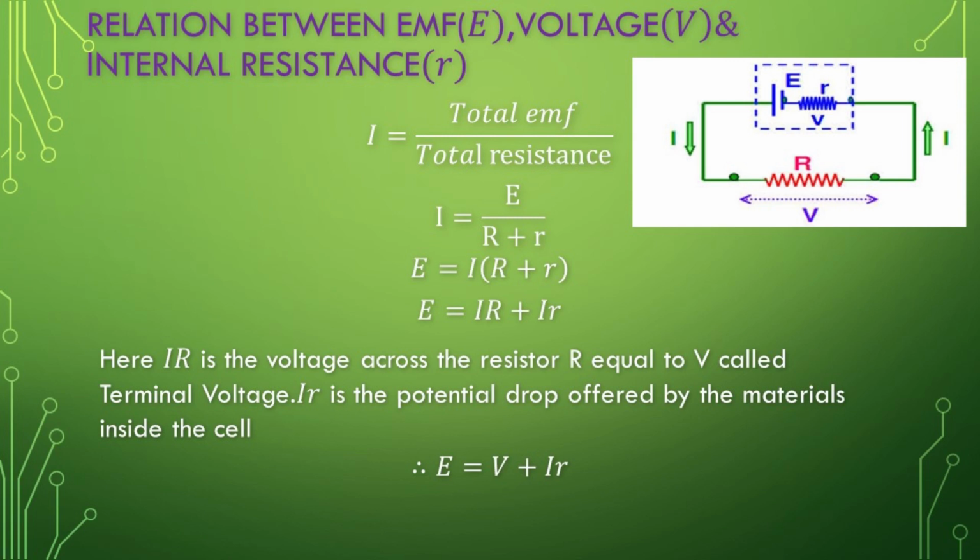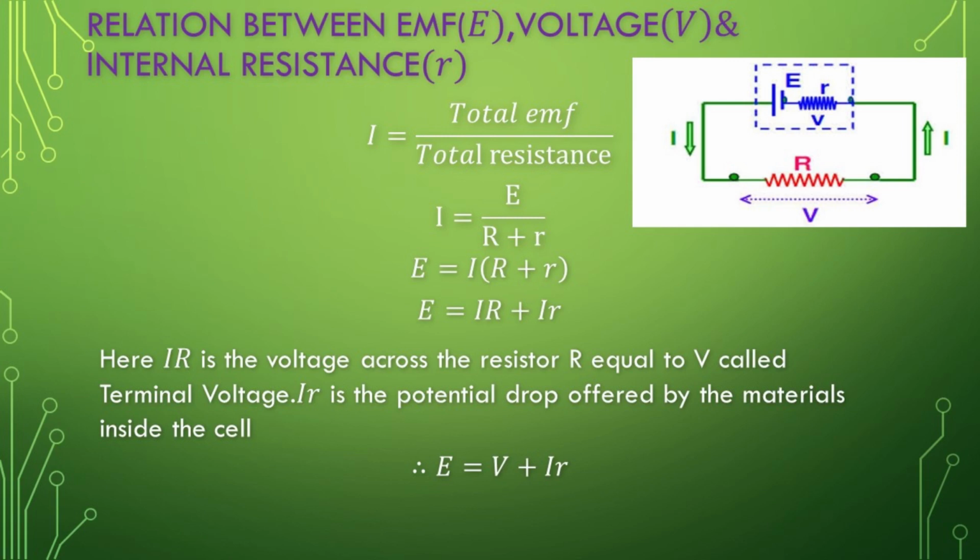Consider a circuit in which a cell of EMF E is connected to resistance capital R. Let small r be the internal resistance and I be the current flowing through the circuit.